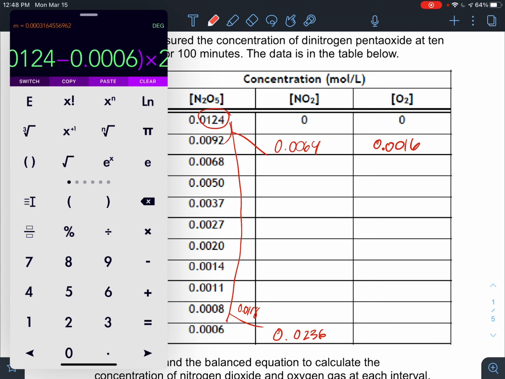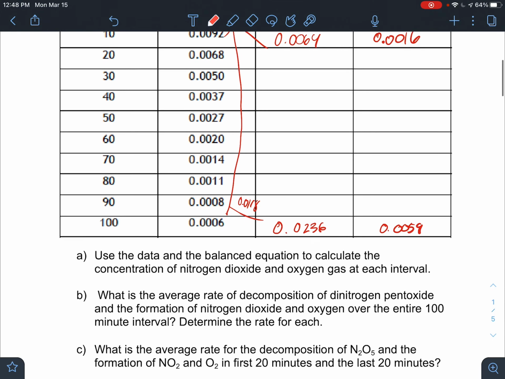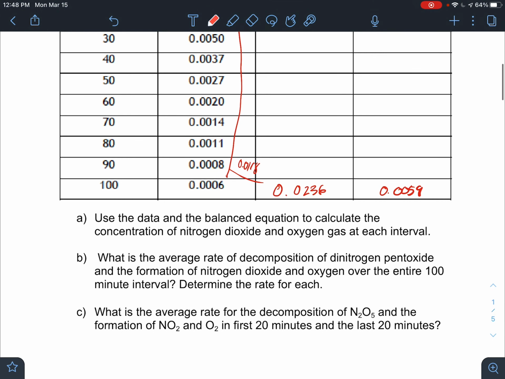And there is a half of an oxygen, so 0.0059. Okay, so then use the data and the balanced equation to calculate the concentration. Okay, you can go through and calculate all of those.